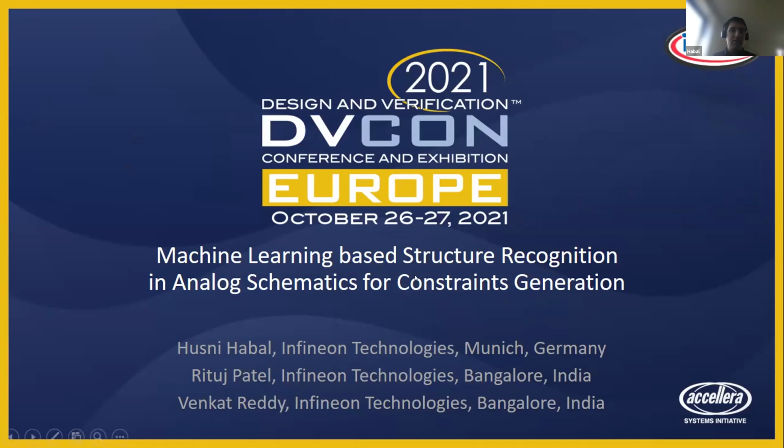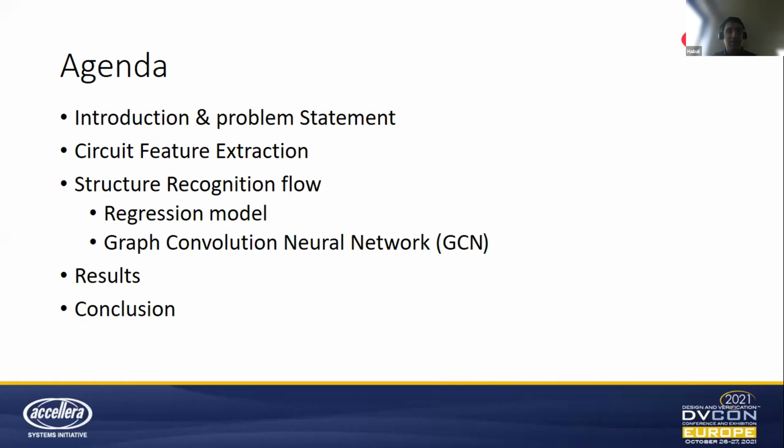So I am in my company's central analog design methodology team. We typically work on analog design methodology topics. I would like to begin this presentation with an introduction to the problem statement.